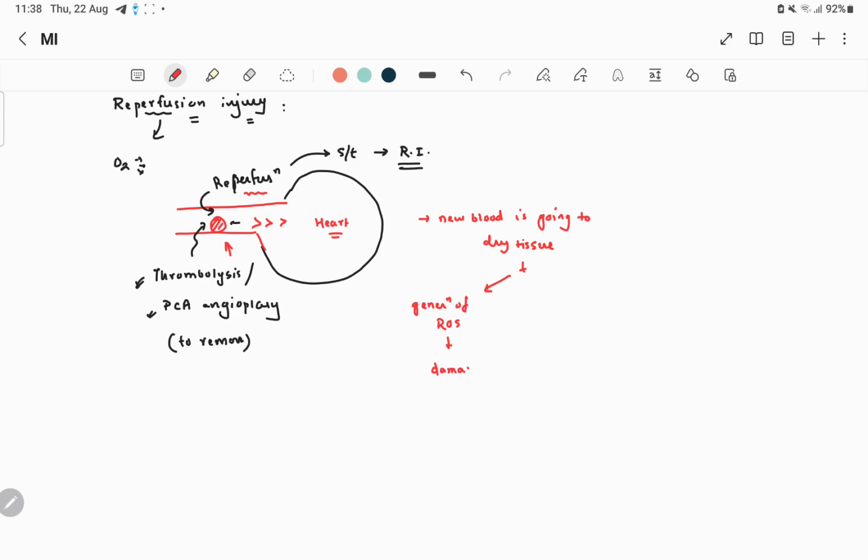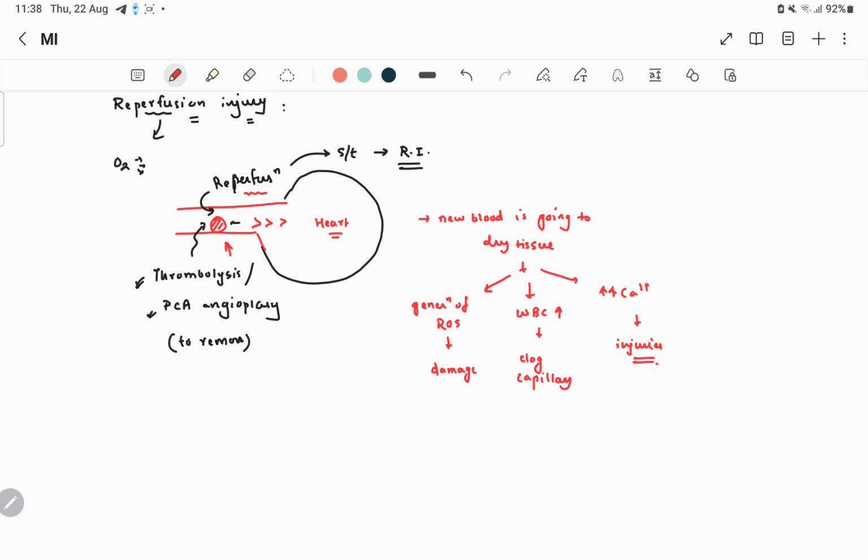damage. There will be generation of WBCs, which will clog the capillaries, or there may be an increase in calcium, which will cause injuries, right?